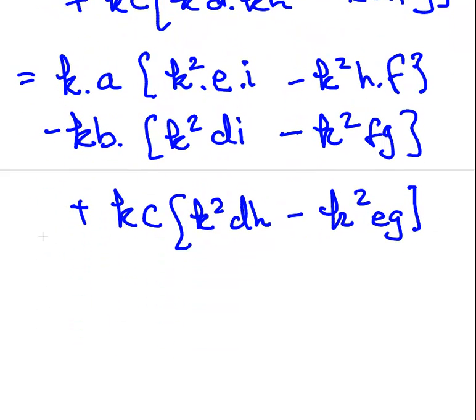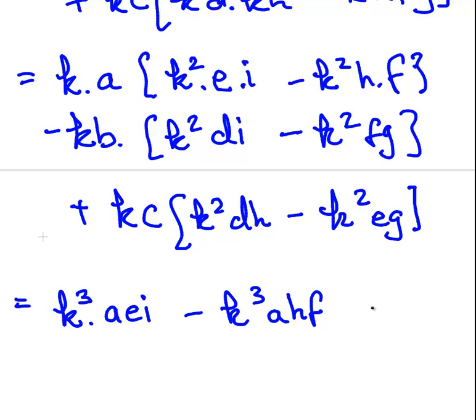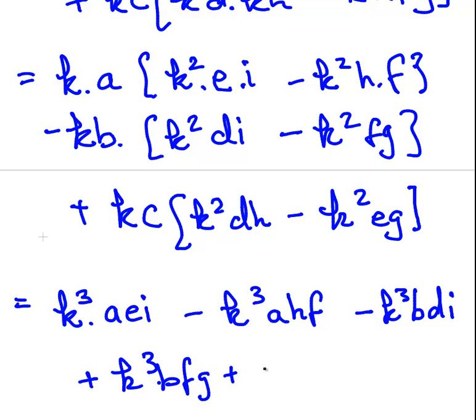When I multiply through the k terms, each term on its own, what I have here is k cubed times AEI minus k cubed AHF minus k cubed BDI plus k cubed BFG plus k cubed CDH minus k cubed CEG.